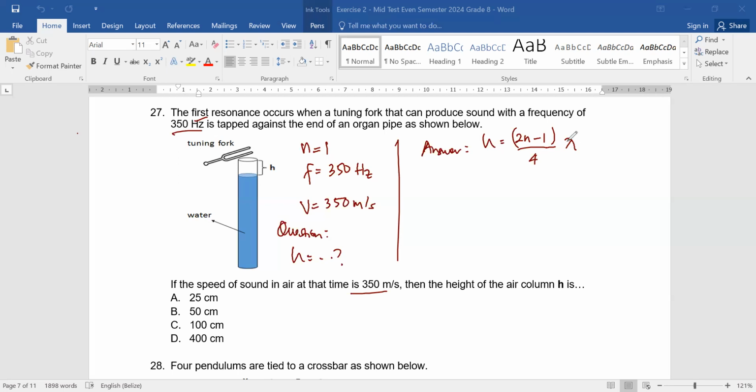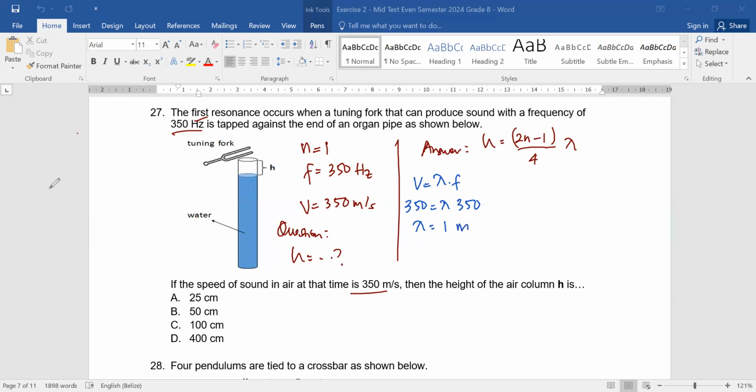How can you get lambda? We know the speed and also the frequency, right? So we use V equals lambda times F. The speed is 350, lambda is the question, and F is 350. Oh, it's easy, right? Lambda is just 1 meter, okay?